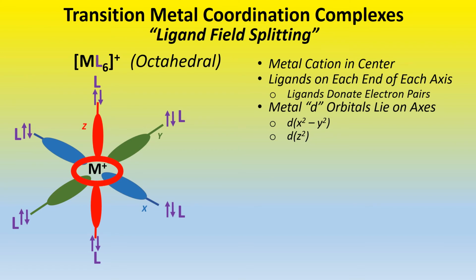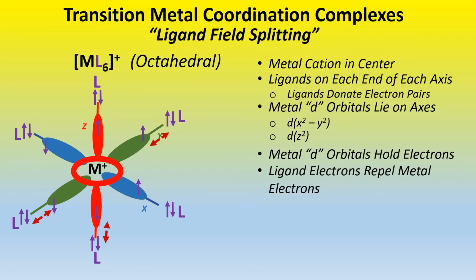Also remember where the orbitals come from. All orbitals, including the d orbitals on the metals, hold electrons. So now you have electrons on the ligands and d orbital electrons on the metal. Electrons are negative. What are they going to do?